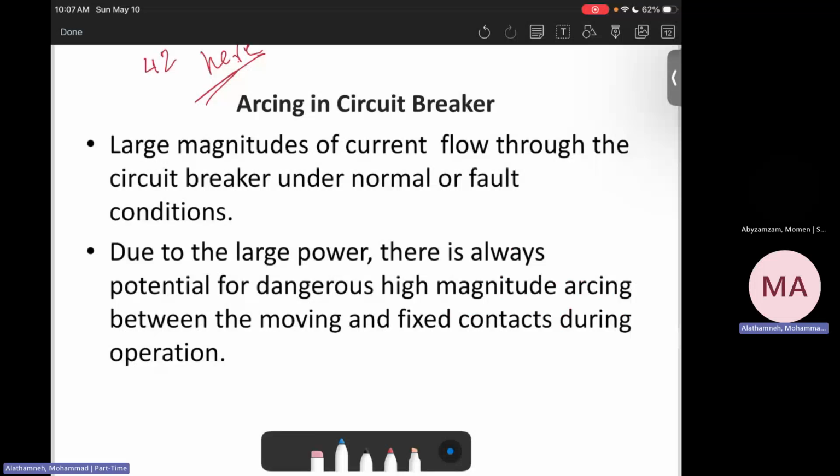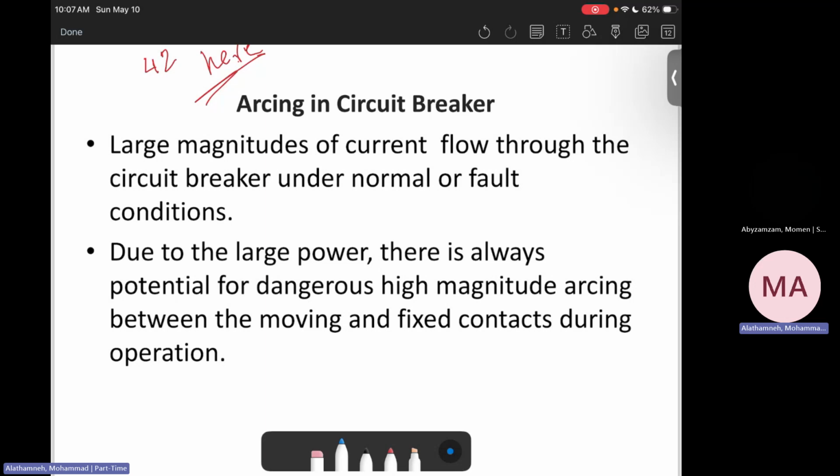Then the next thing, we'll talk about the arcing in the circuit breakers. When the circuit breaker is opening, the material between the contacts will be ionized.